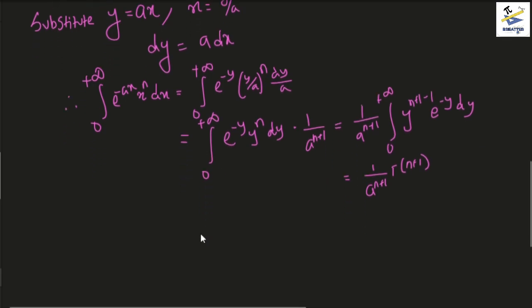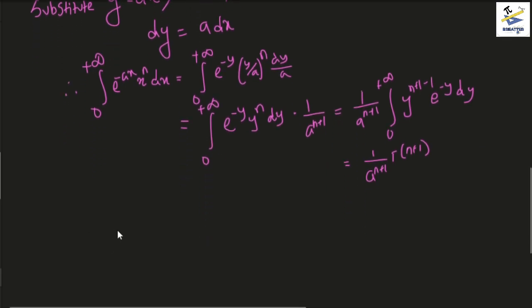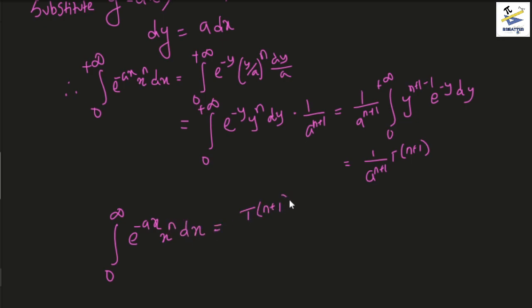So to summarize, what we have is 0 to infinity e to the power minus ax x to the power n dx is simply equal to gamma of n plus 1 by a to the power n plus 1, for a greater than 0 and n greater than 0.